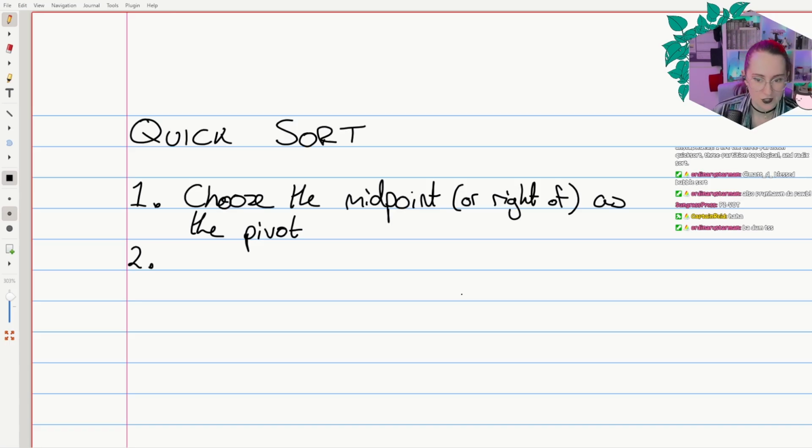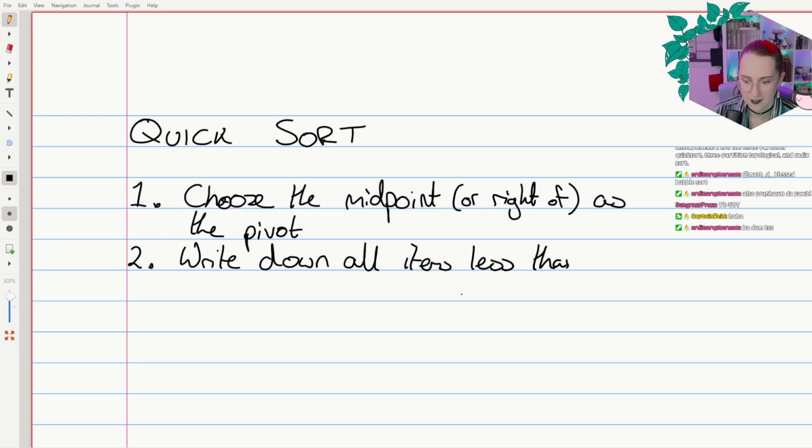Okay. Choose the midpoint or the pivot. Step 2, write down all items less than the pivot, keeping order intact.